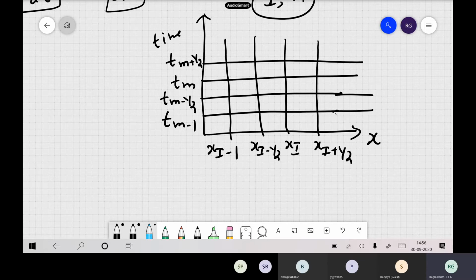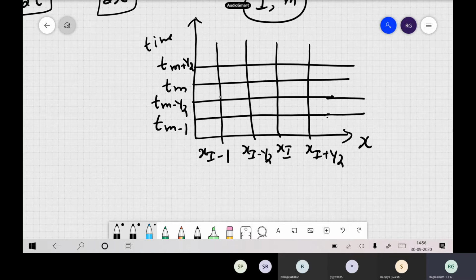Previously t m minus 1 was there, but now because we have the first derivatives with respect to time, this comes in. So now our definition will be something like this. If I denote like this, some filled triangle, then velocity will be defined like this.